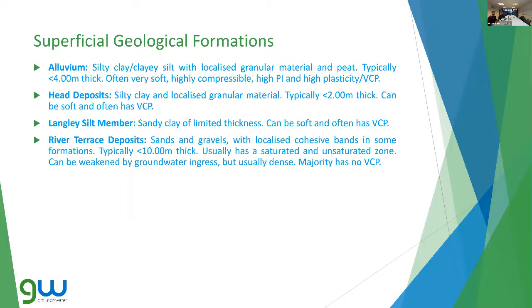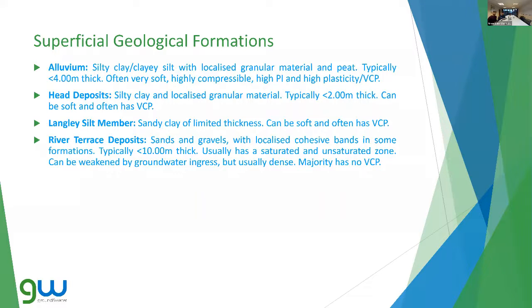The main bed is the river terrace deposits, usually consisting of sand and gravels, with localized cohesive bands. Typically they're less than 10 meters thick, even less. Usually they have a saturated and an unsaturated zone.